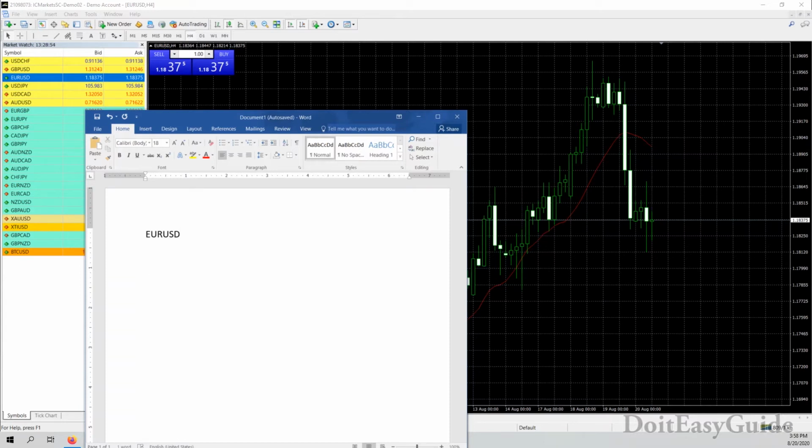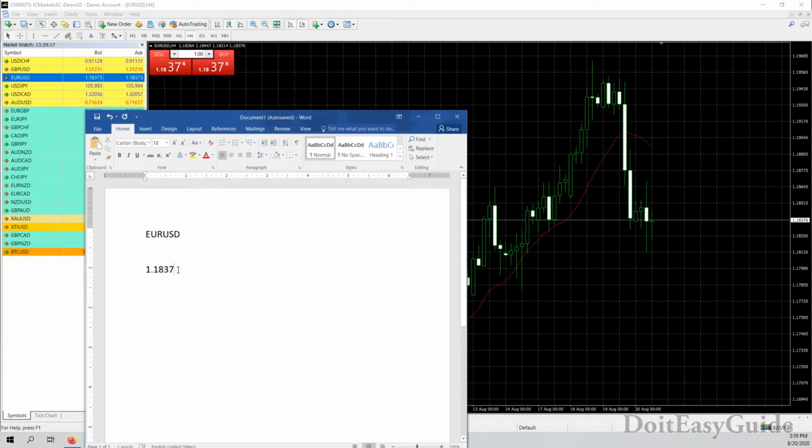Now here our value is, let's type it, 1.18376. It's changing, but that's fine. 1.1837.